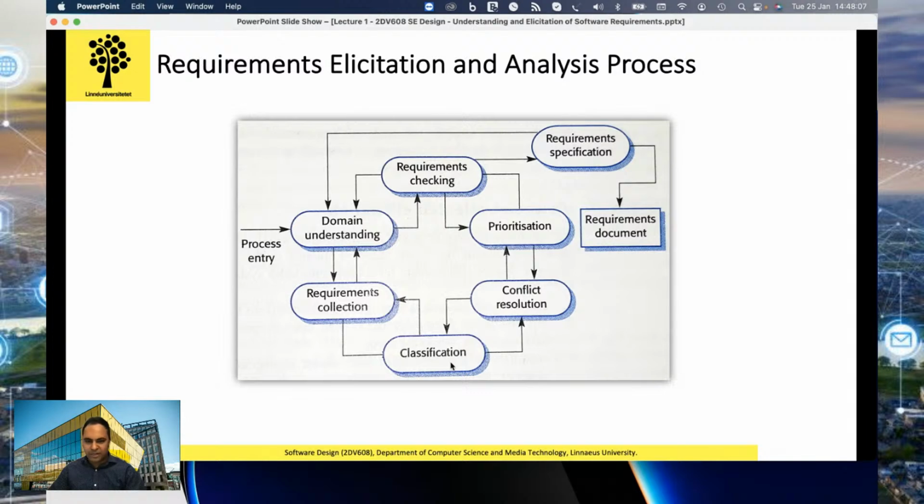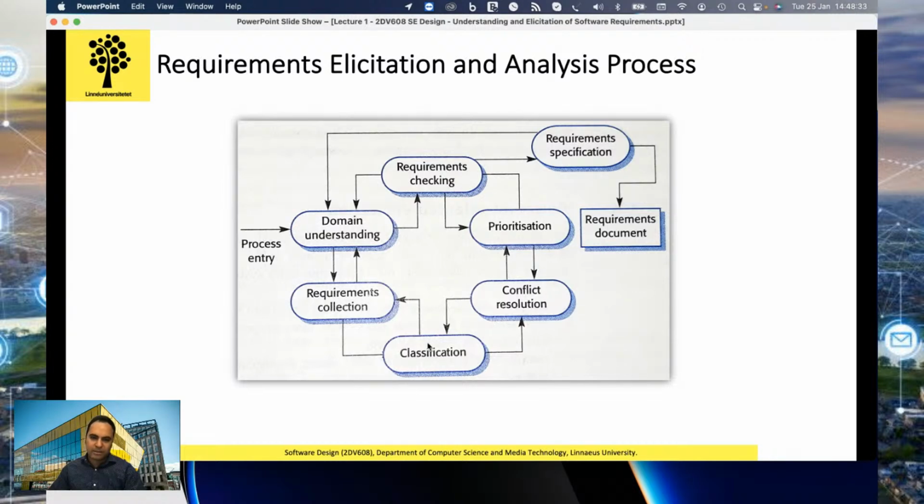But if your classification is done well, now you go for conflict resolution. So conflict between requirements, conflict between stakeholders, and so on. And again, if you are not able to resolve the conflicts between the requirements or between the stakeholders, that means you might have a problem in the classification, or in the requirements collection.